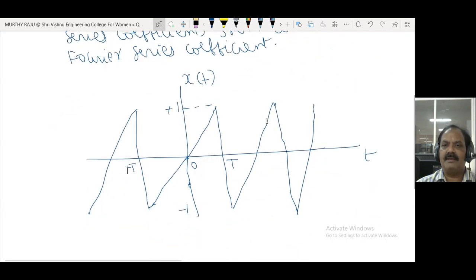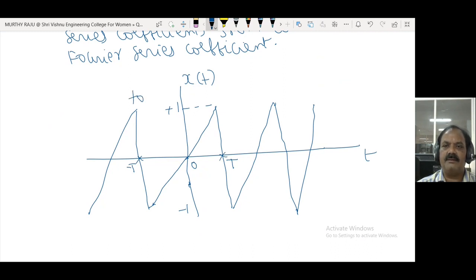determine the complex exponential Fourier series coefficient, plot the magnitude spectrum, and determine the Fourier series coefficients Cn. Find out the time period here. The starting point is here, the ending point is here.